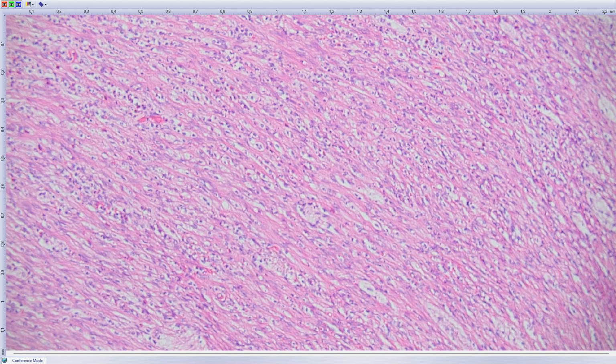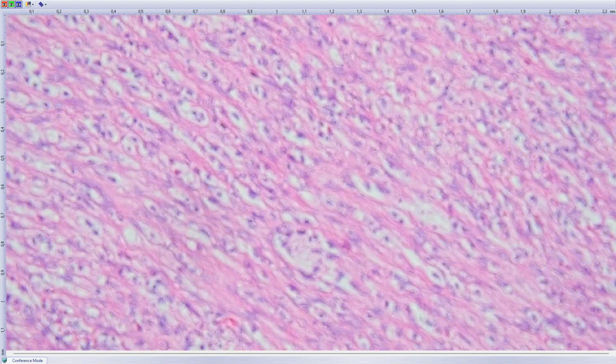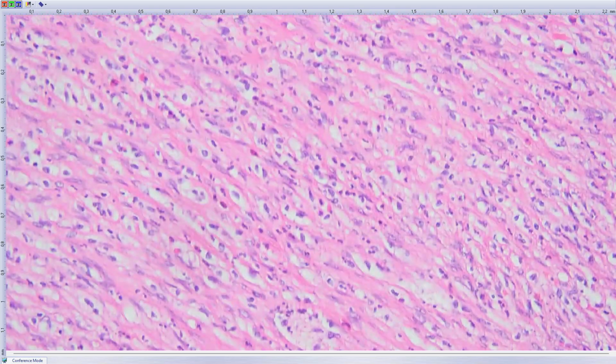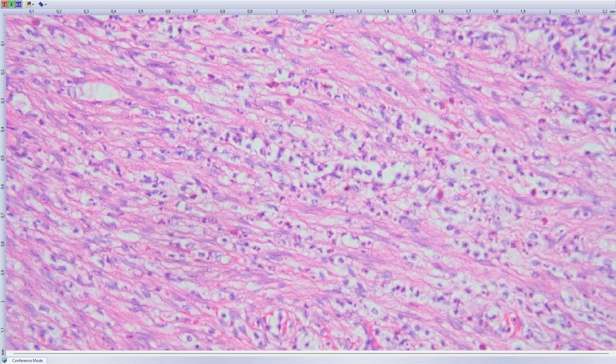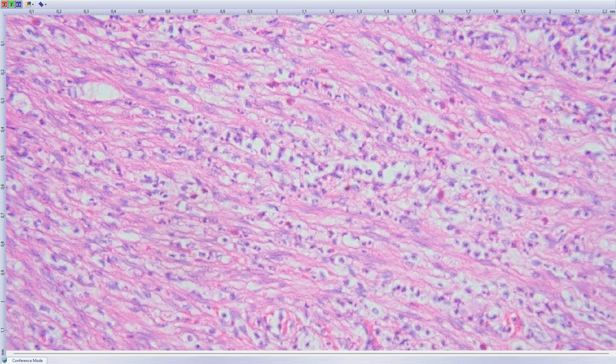And what is not well seen is that some of the cells are epithelioid, single cell, or in row of cells, which are cytokeratin positive.